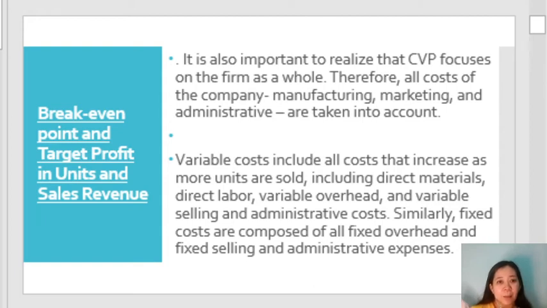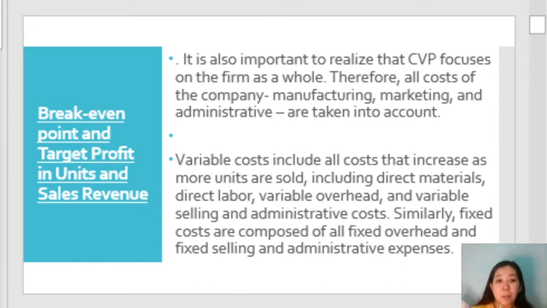Okay, while fixed cost, on the other hand, does not have a direct relationship with the number of units produced nor the number of units sold. So, whatever the level of production is, fixed cost will remain the same.